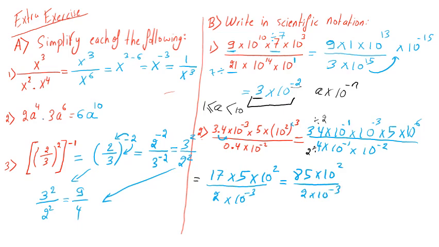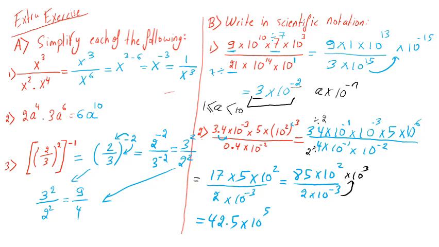We take the numbers together and the powers of 10 together. 85 divided by 2 is equal to 42.5. If we move 10 power minus 3 to the numerator, it becomes 10 power 3. 10 power 2 times 10 power 3 is 10 power 5.